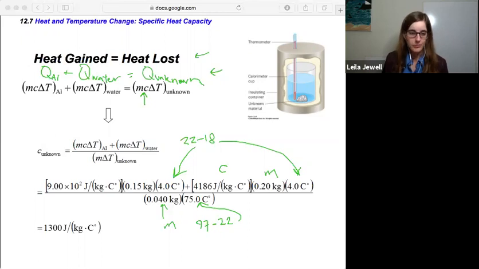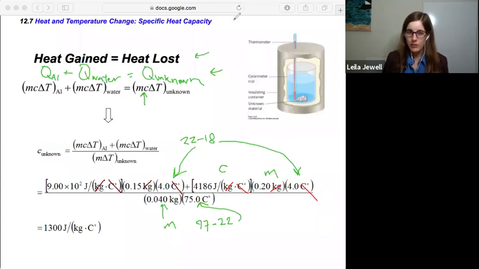So if we divide all of that out, I would just focus on units within each of those terms to start. So we have kilograms, kilograms cancel out, and also Celsius degrees cancel out within each of these terms, right? The kilograms would multiply out, and the Celsius degrees would multiply out.